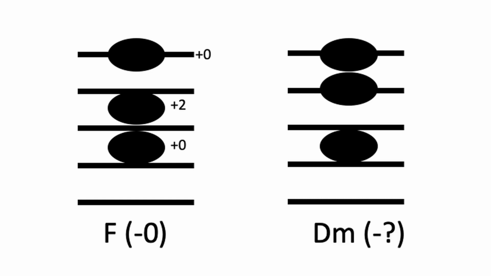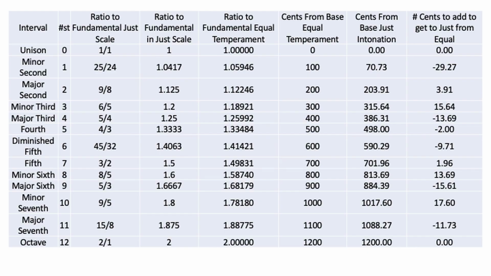For our third transition, we're going to be looking at using the minor third. The chord we're going to be starting with is the F major with the slightly sharpened C, and we're going to be going to some kind of D minor. We're going to see how far we can drop it. Referring to our chart again, we see that the minor third in just intonation is slightly sharper than it is in equal temperament.